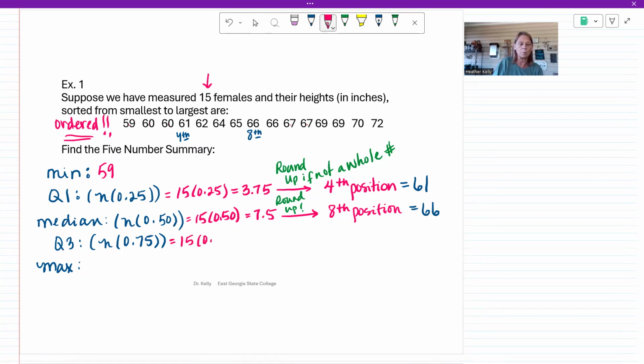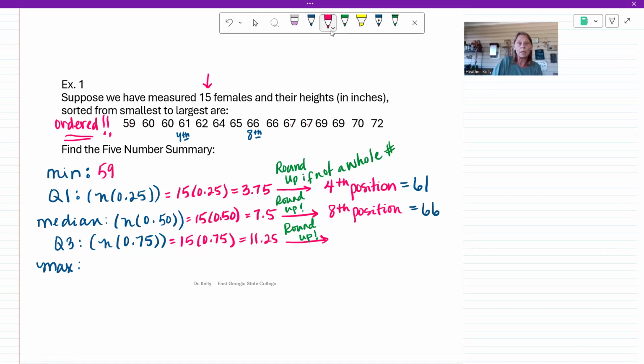All right, and now let's do this one. 15 times 0.75. That gives us 11.25. Round up because it's not a whole number, and you don't round down, you round up. Okay, it goes against what you've been trained, but it's what we have to do here because we're looking for the next whole number position.